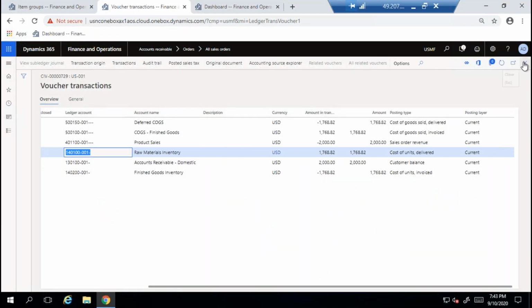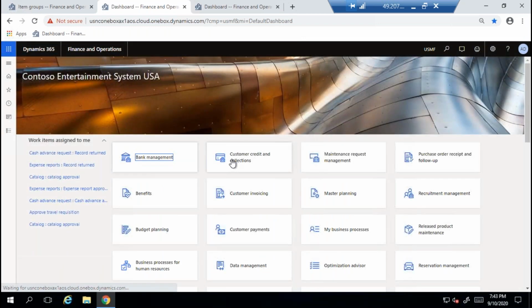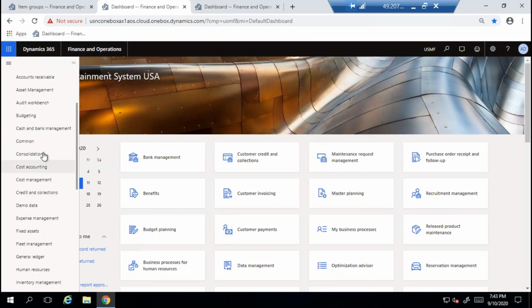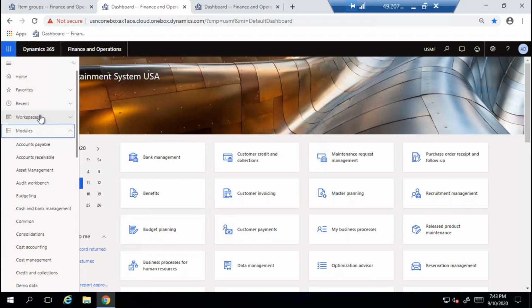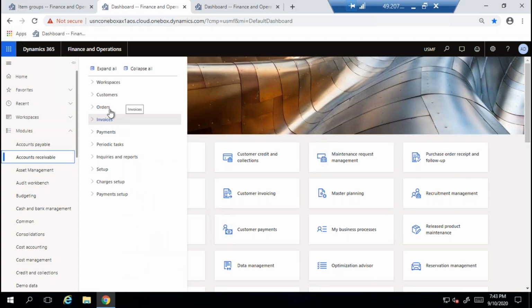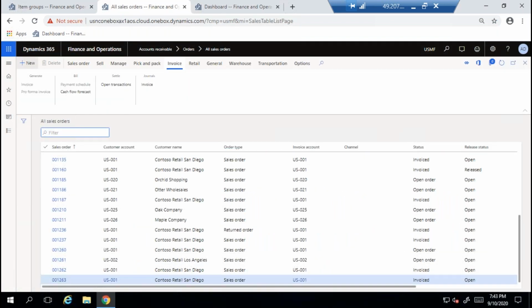In this sales orders, I'm creating a sales order. Sales and marketing, accounts receivable module, any module is fine. Let me create one sales order quickly and show the versions of sales orders.